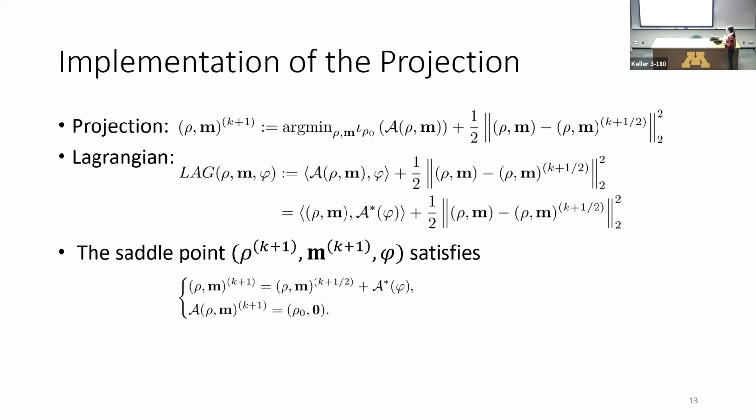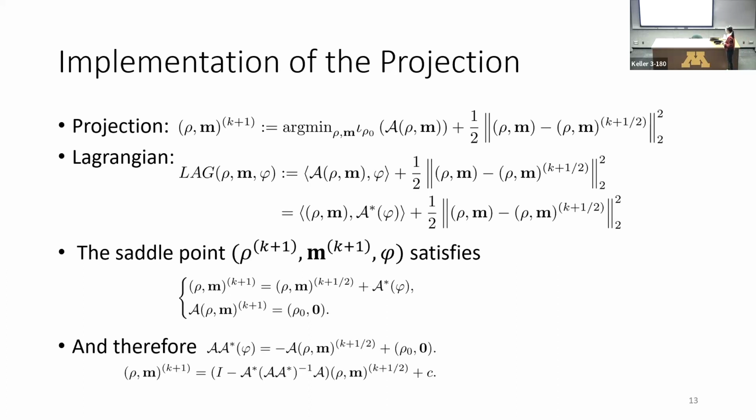As long as we can solve for this Lagrangian multiplier phi, we can find the projection. And what do we know about this phi? Since this is the thing after projection, it should satisfy the constraint. By plugging the first equation into here, you will see phi, the Lagrangian multiplier, needs to solve this equation.